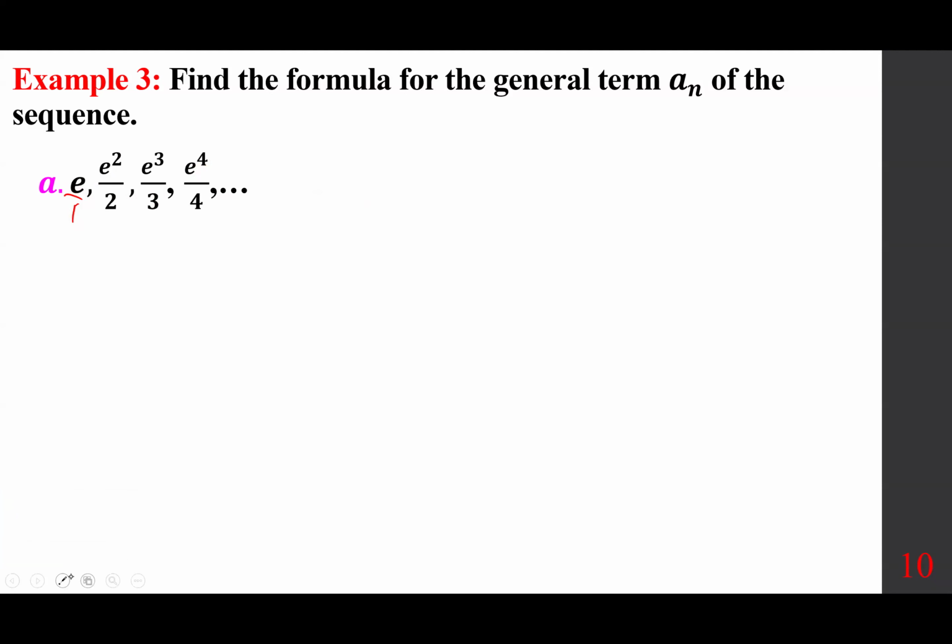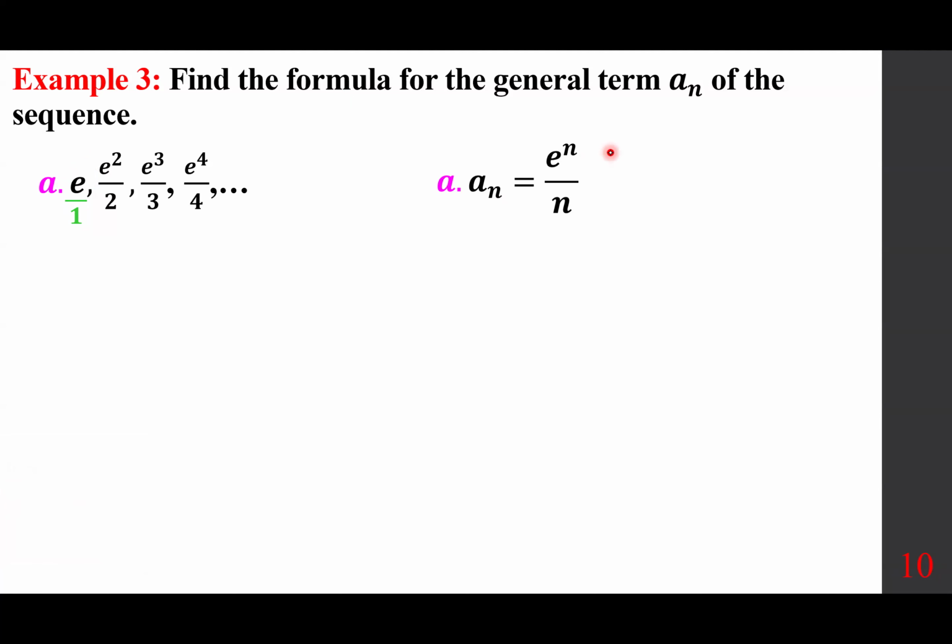And this one has exponent 1. So in other words, this is e to the power of 1 over 1. And then the next one, e to the power of 2, e to the power of 3, e to the power of 4, clearly. Clearly, it shows that a sub n must be e to the power of n over n.